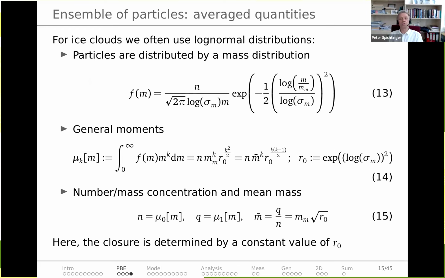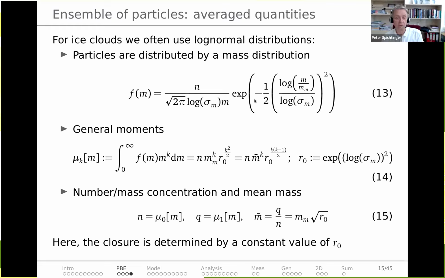This is what we usually use for ice clouds in the cold environment. We often use a log-normal distribution, which looks like this. You have a geometric standard deviation, and you have something like a modal mass, which is translated to the mean mass.